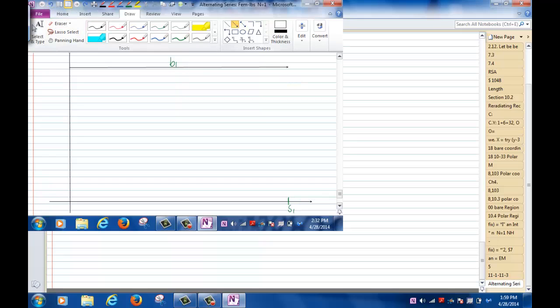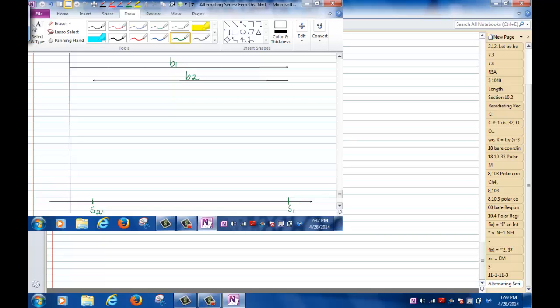Remember, B2 is smaller than B1 in size, so I'm not going to go all the way. I'll be stopping somewhere like this. So that's the length of B2. So what is B1 minus B2? B1 minus B2 is the gap right here, right? So that's my S2, because S2 is the sum of the first two terms.